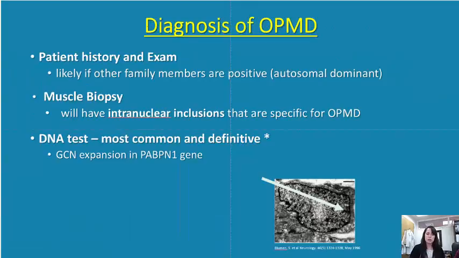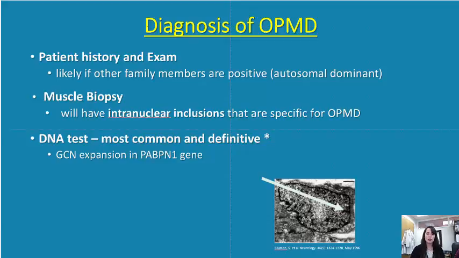For diagnosing OPMD, physicians can do a couple of things. During the patient history and exam, if it comes up that the patient has several members of their family that are already positive for OPMD, a diagnosis of OPMD is more likely because this is an autosomal dominant disease.